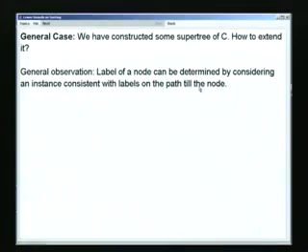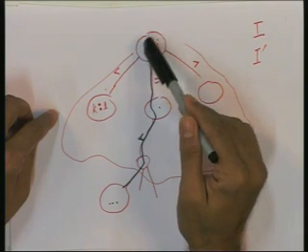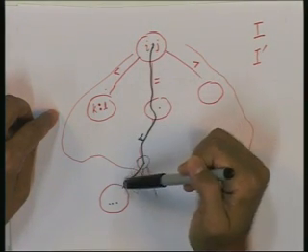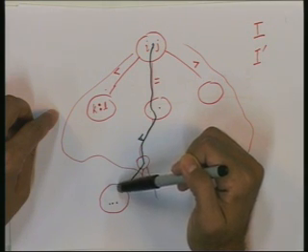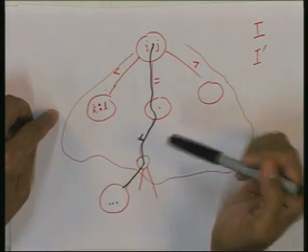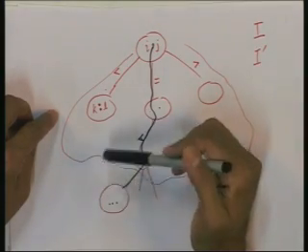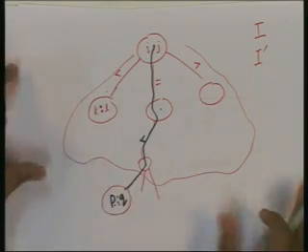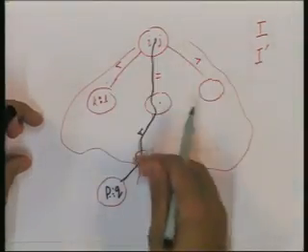So we have constructed an instance which is consistent with the labels along this path, and we look at the algorithm and decide what is the comparison that is going to be done by the algorithm on that instance. So if the comparison is between some xp and xq, we put down p colon q over here. Okay. So exactly like what we did in this case, but just more general.